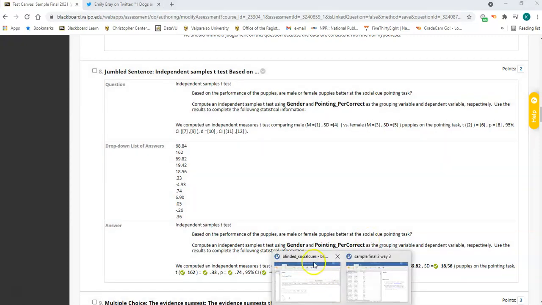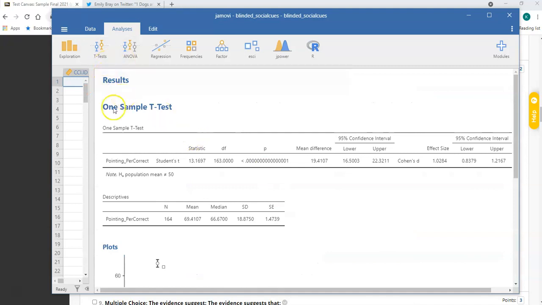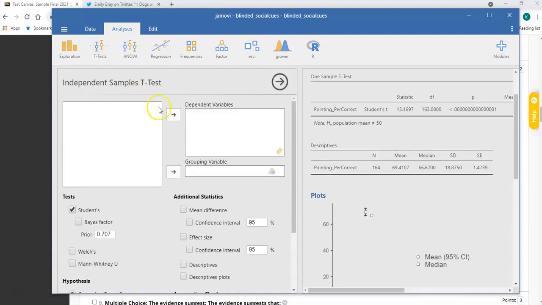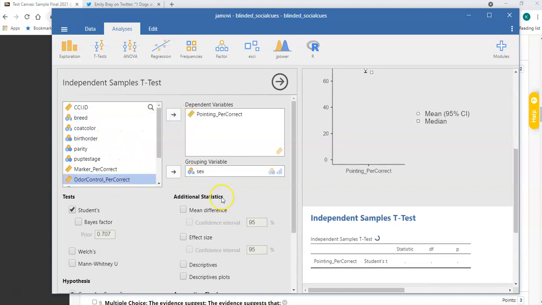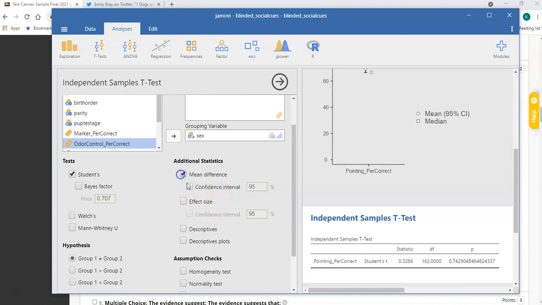So we've got to go back here and we need to analyze it. So we want to do an independent t-test now. Sex is the grouping variable. And again, the pointing task is the dependent variable. And we want all of this stuff again.